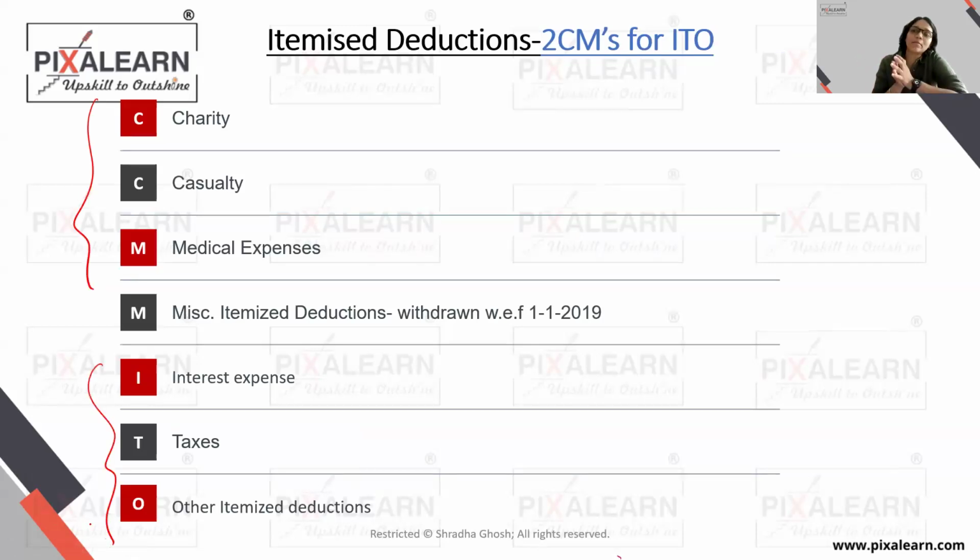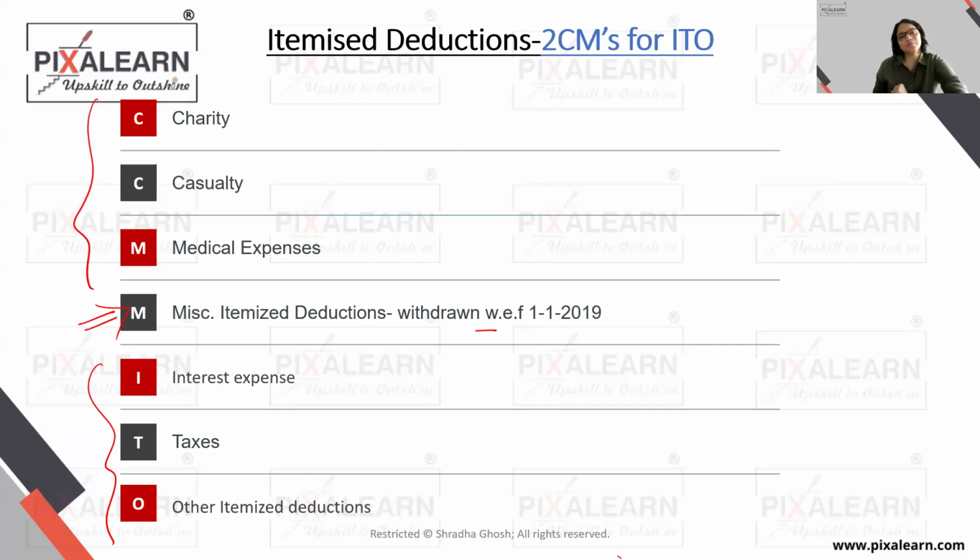We have to put it all in one bundle and then map it against the standard deduction. This one I've given because in many answer choices, they will give you miscellaneous itemized deduction. Understand, miscellaneous itemized deduction used to be there earlier, before the Tax Cuts and Jobs Act. Now it is no longer applicable. So any answer choice that gives you miscellaneous itemized deduction, you will have to scrap it.